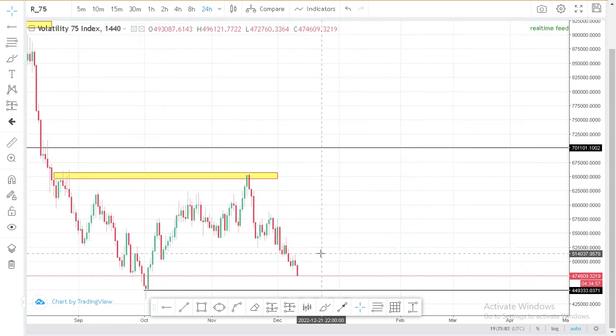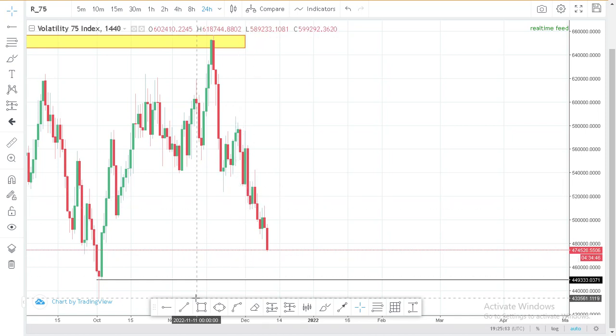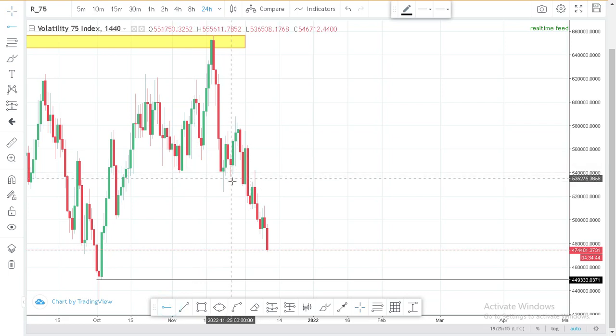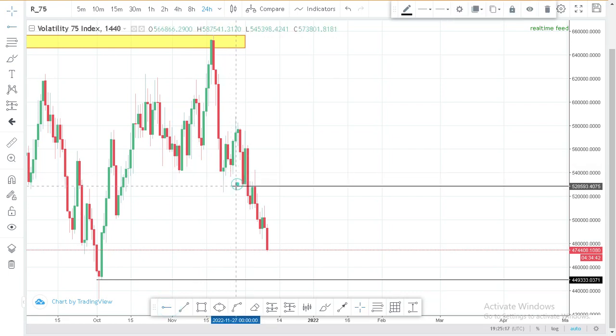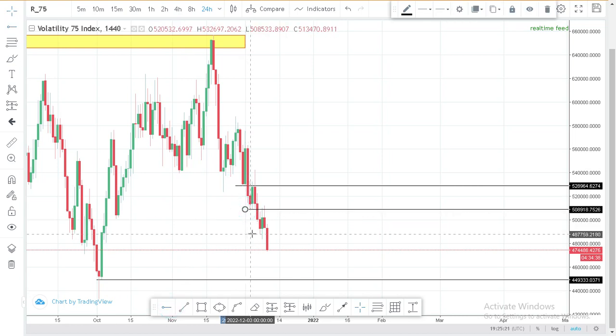What else I'm seeing here, there is a lot, guys. As you can see, price pushed down, pushed up, broke. We had our support, which tends to be resistance. We had another support, which tends to be resistance.